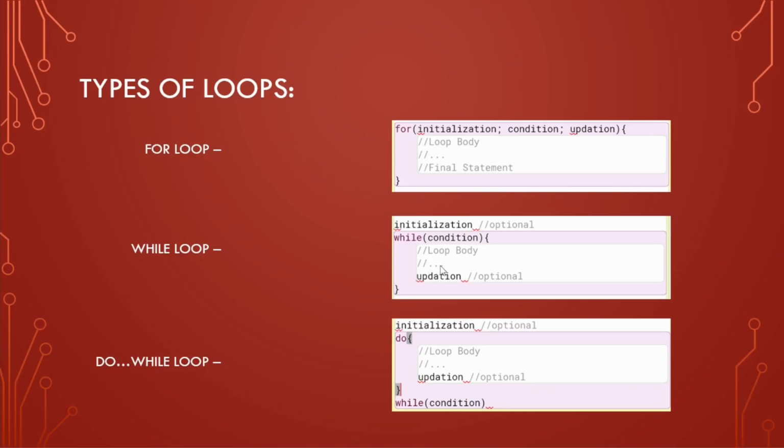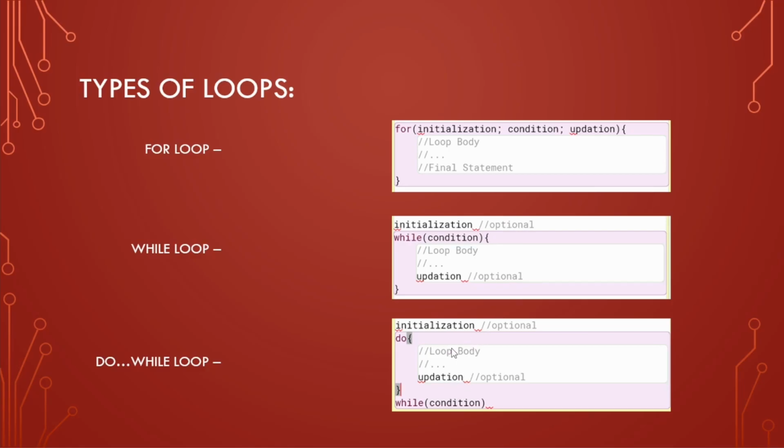We have a condition, which, once again I'd like to repeat, is compulsory, and the while loop will repeat as many times as it wants until the condition is no longer true. So just remember, it will repeat as long as the condition is true. If it's false, then it exits the loop.